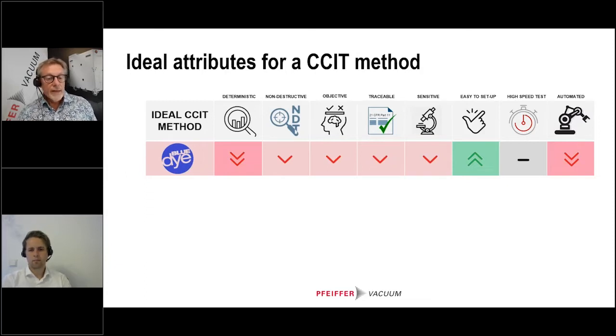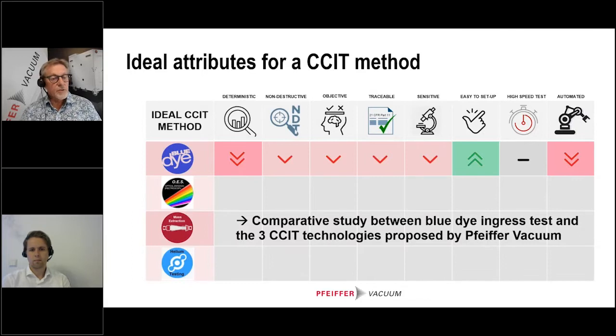So today, and this will be the conclusion of this webinar, we will try to compare this blue dye with the three technologies proposed by Pfeiffer Vacuum, which are OES, optical emission spectroscopy, mass extraction, and helium mass spectrometry. In order to argue, we have performed a comparative study on a wide range of samples, more than 500 samples, between the blue dye and these three technologies.